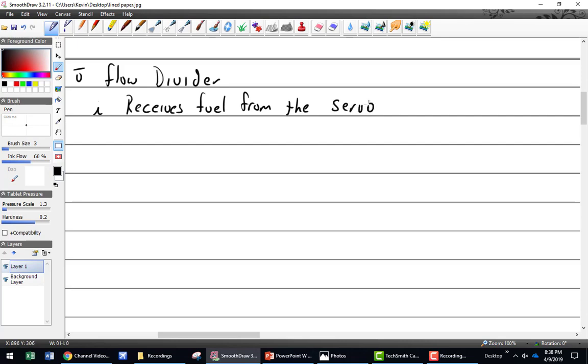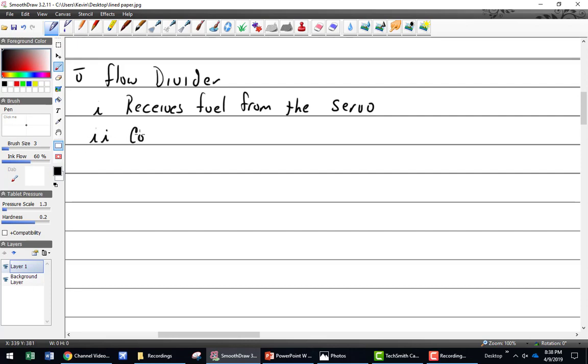Right, flow divider. What does it do? It receives fuel from the servo. First thing, because that's what it's got to do. What does it consist of? Well, if we look at the makeup of it, what is inside of the flow divider?